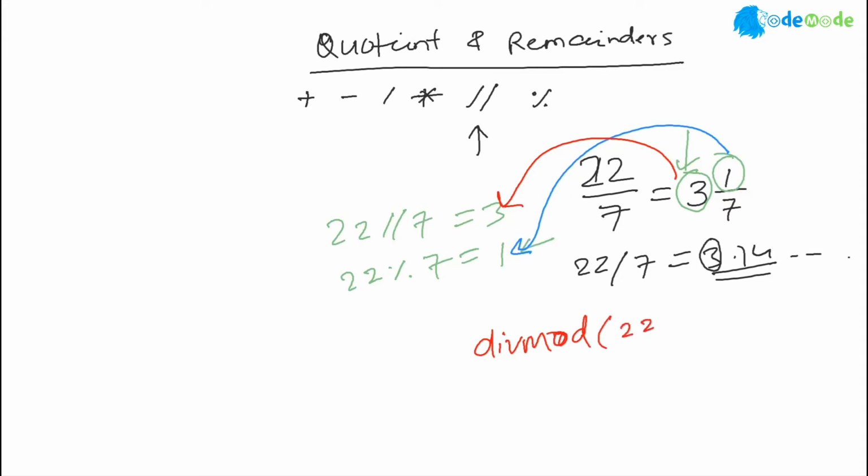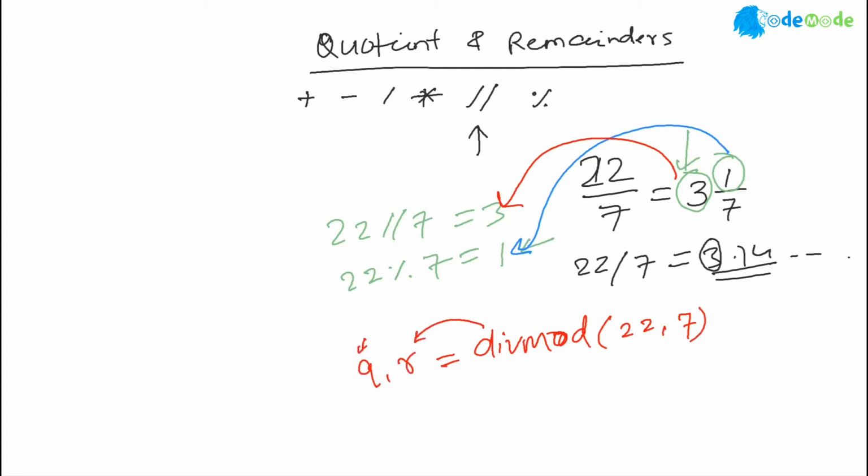You say divmod, and the function takes 2 parameters. The first parameter is the number on the top, comma, second parameter. Remember, you use a comma to separate the parameters. So 22 and then 7. If you do this, you will get q comma r. This is one of the functions that returns 2 values.